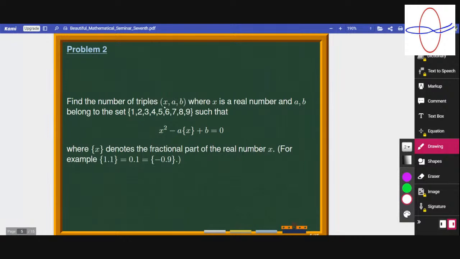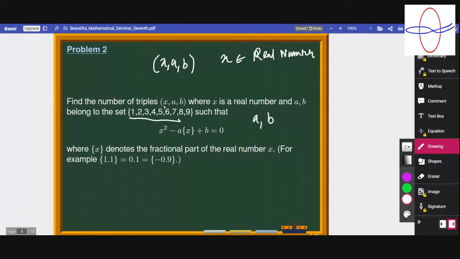So we have to find the number of triplets x, a, and b, where x is a real number, and a and b belong to the set. I mean, let's do this question, okay?